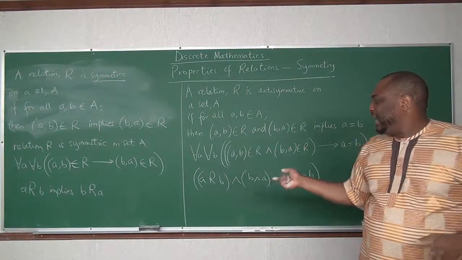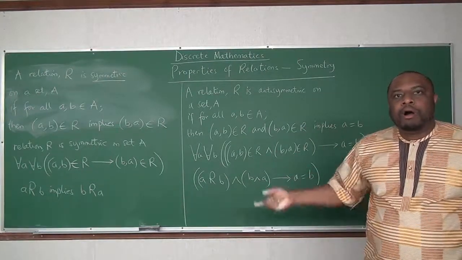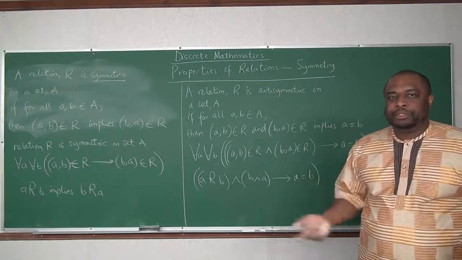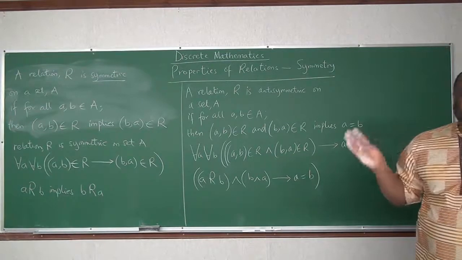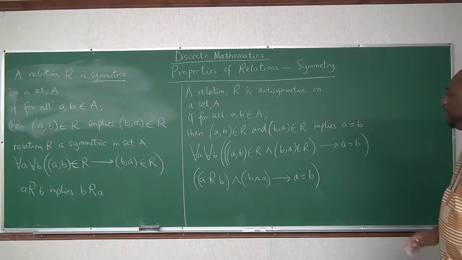Or you could say A not relation B, or B not relation A. That is the contrapositive definition. When we do examples, you will kind of see what we mean.